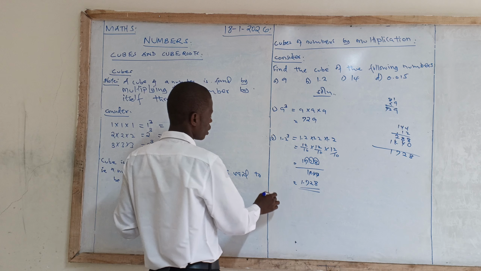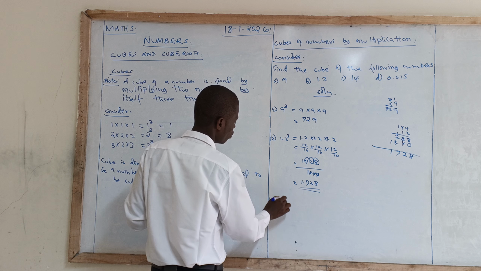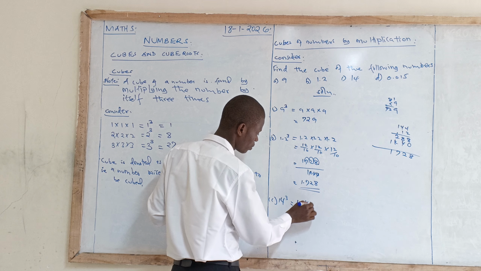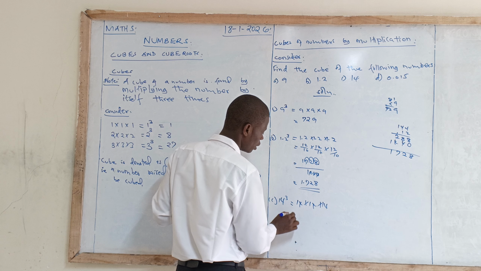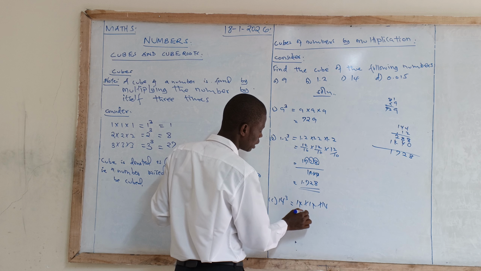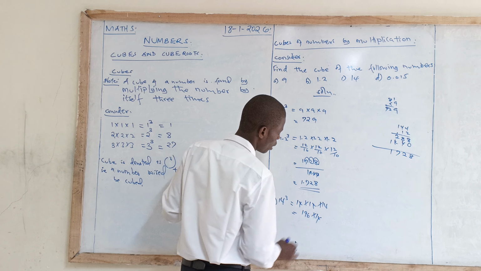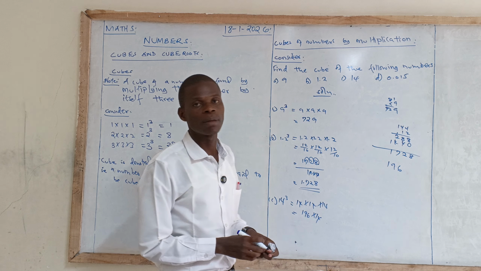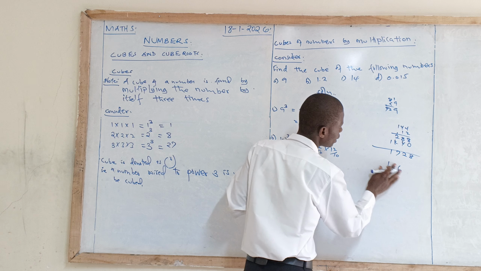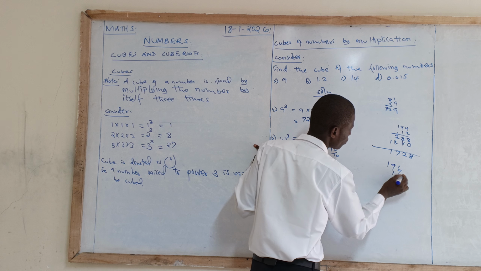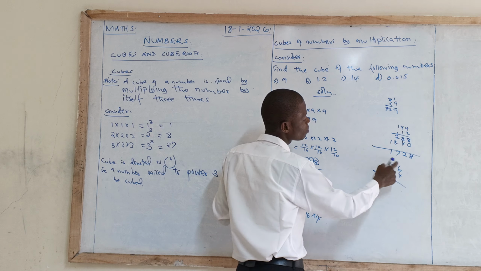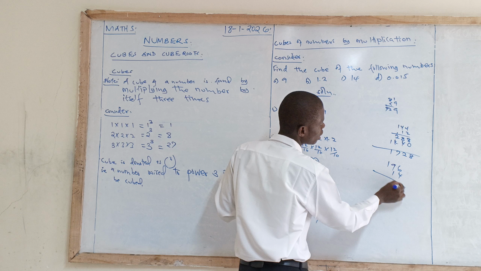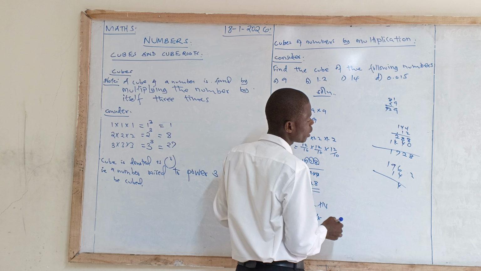Very simple. Now I have here 14 cubed. 14 cubed is now 14 times 14 times 14. So 14 times 14 is 196, times 14 now. So you come here, 196 times 14. So here we have 4 times 6, what do you have? 4 times 6 is now 24. Carry 2 there.